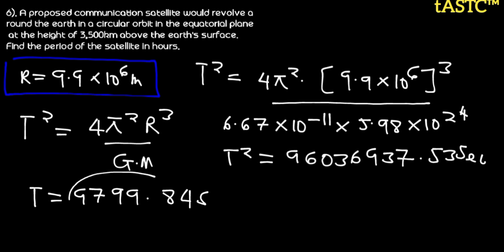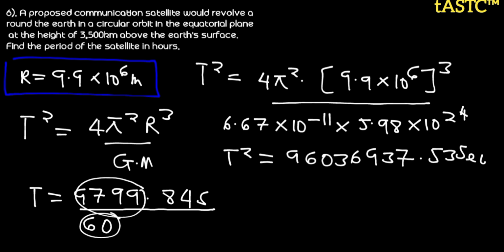So we need to change this from seconds into hours. Now, how many seconds are required to make a minute? That is going to be 60 seconds. So if you divide this by 60, that is going to take you to the answer in minutes. Now, in 1 hour, we also need 60 minutes.